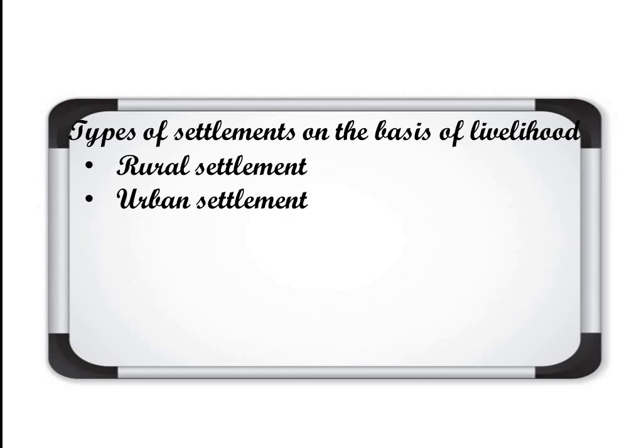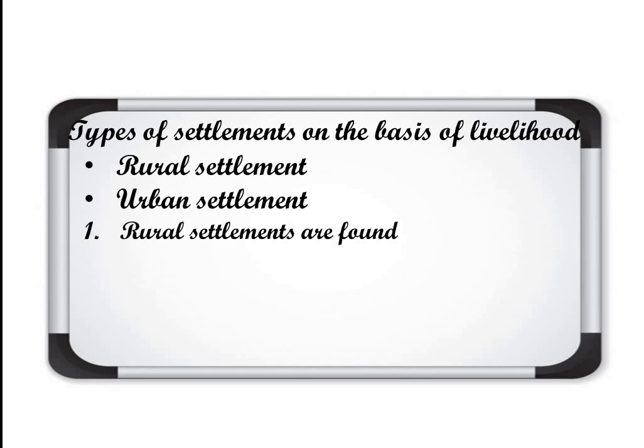There are other activities also that we'll discuss. And in urban settlements, the people related to cities or towns are obviously dependent on services or manufacturing work, isn't it? So here we are taking this category on the basis of livelihood.